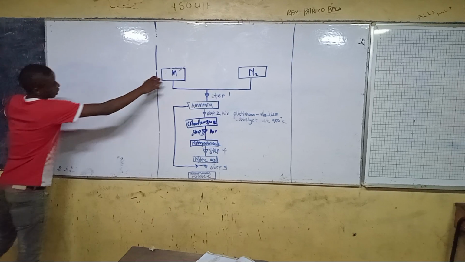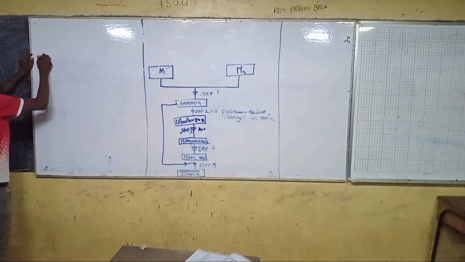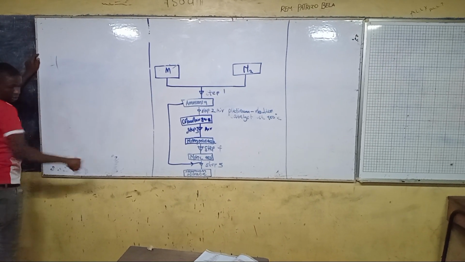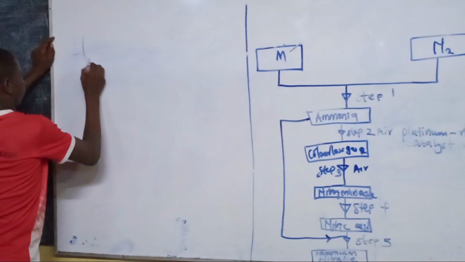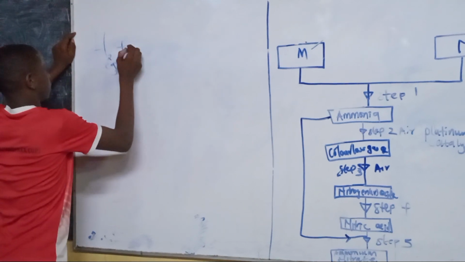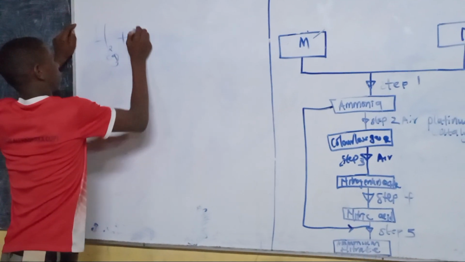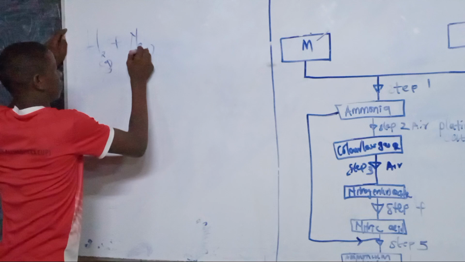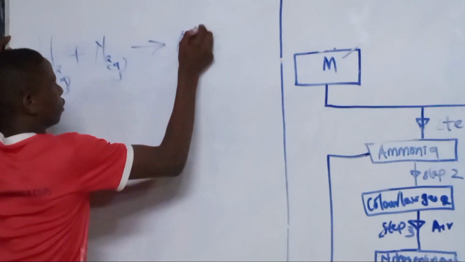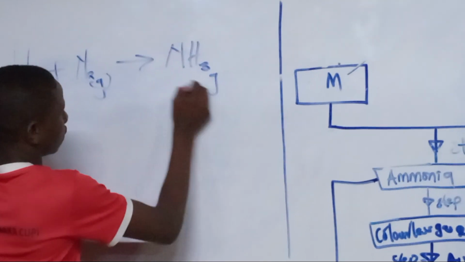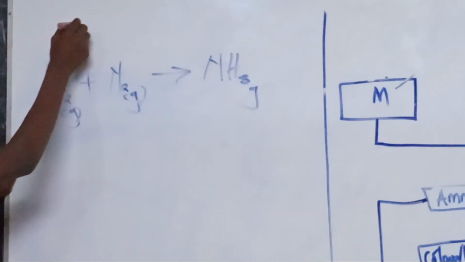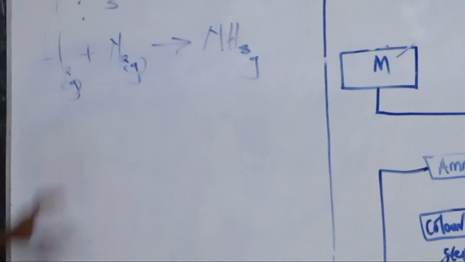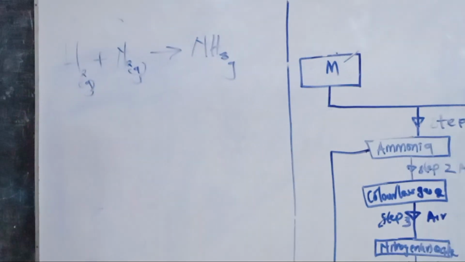Now we'll have our element M as hydrogen gas added to nitrogen gas, which forms ammonia gas. This one is mixed in a ratio of 1:3, which is not very important to know at this time.